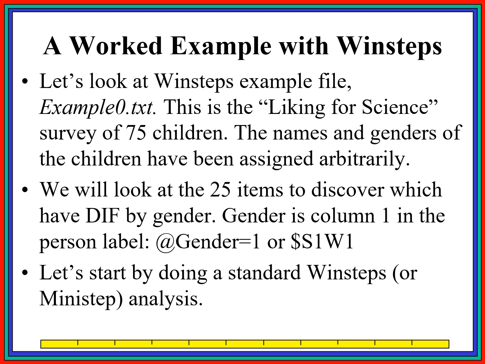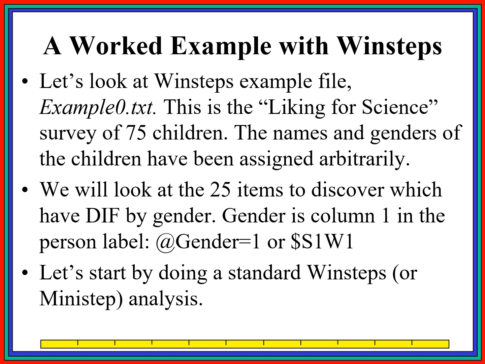Now we're going to do a worked analysis with Winsteps. In the Winsteps examples folder, there is example0.txt. This is the Liking for Science survey. It has 25 items relating to children's perception of how much they like scientific activities, and in the person labels, column 1 is the gender.